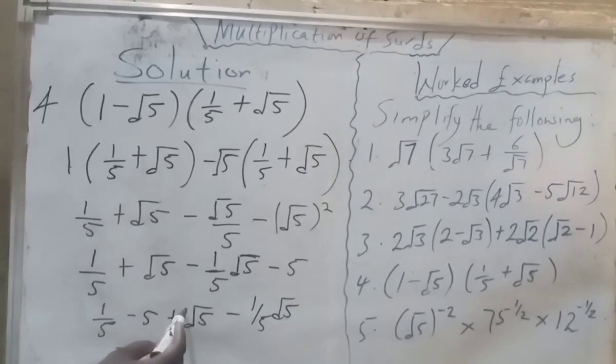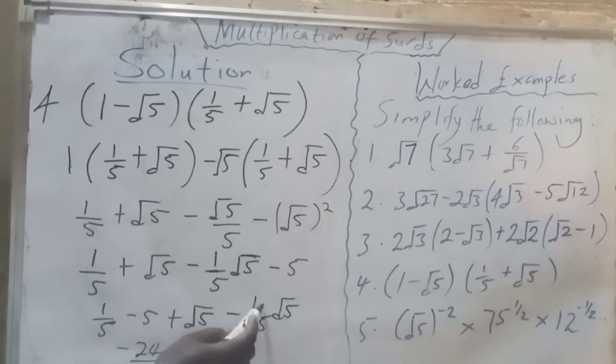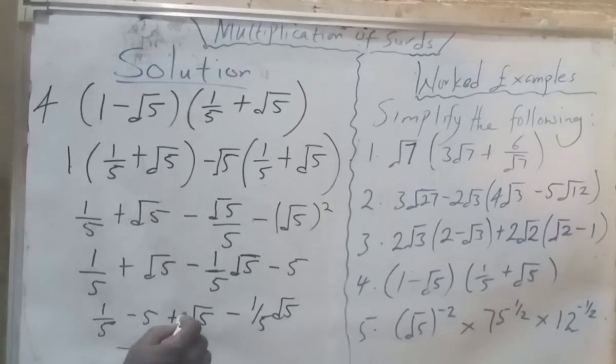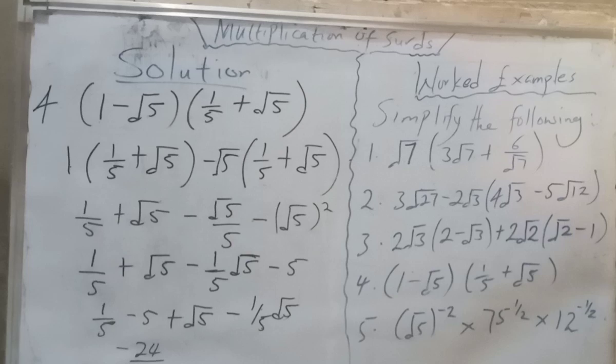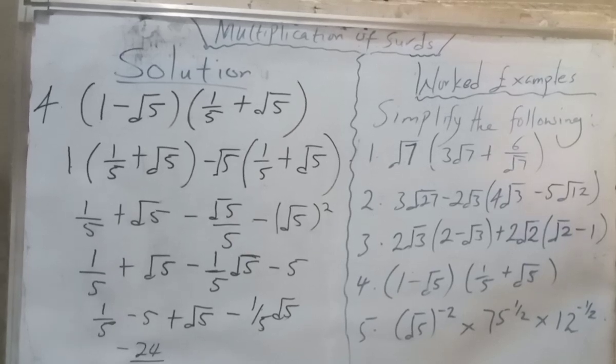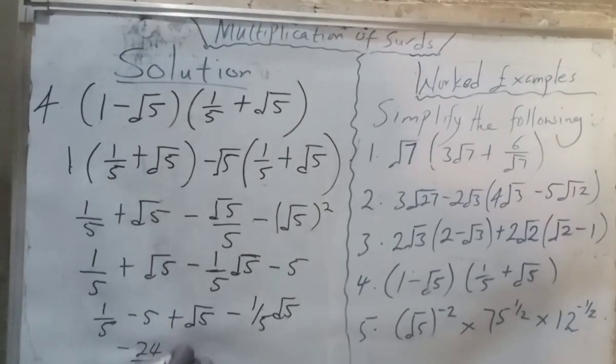Remember, root 5 is like 1 root 5, so you subtract 1 over 5 from the 1 here. When you subtract 1 over 5 from 1, we are going to get 4 over 5, and it's positive. So plus 4 over 5 root 5.